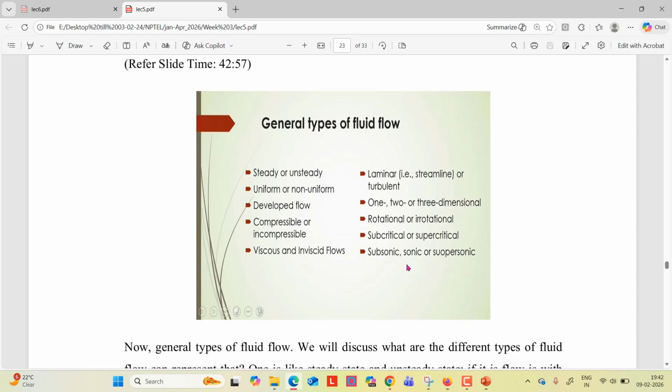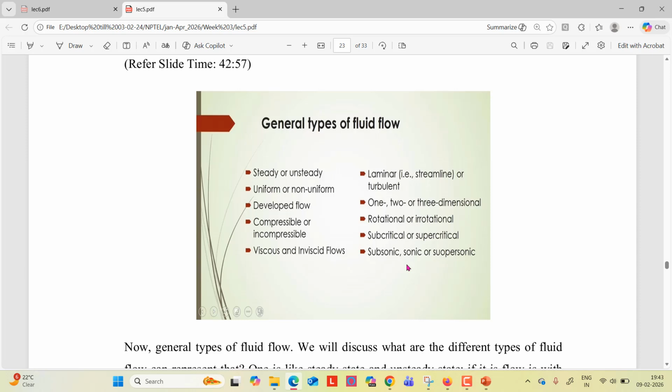Viscous and inviscid flow. Inviscid flow is where the viscosity mu is very low, and where you cannot neglect the viscosity effect is called viscous flow, obviously. Laminar flow means layer-wise flow of fluid, like different layers of fluid move relative to one another.